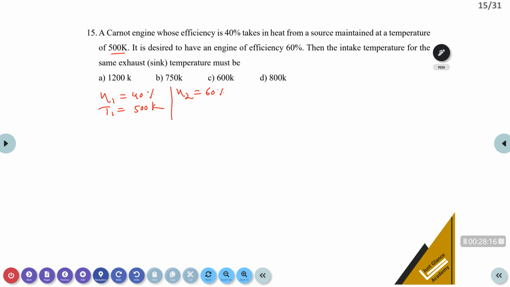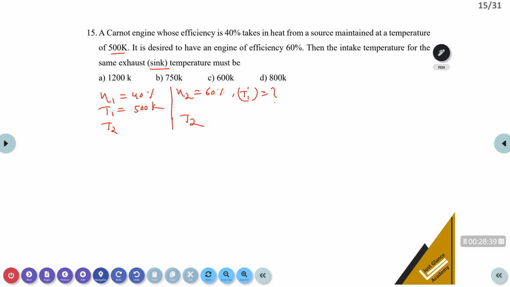Then the intake temperature for the same exhaust, that means the sink temperature is the same. T2 is the same here also. T2 is not changed. But to increase the efficiency, what is T1 dash equal to? That is what is being asked.